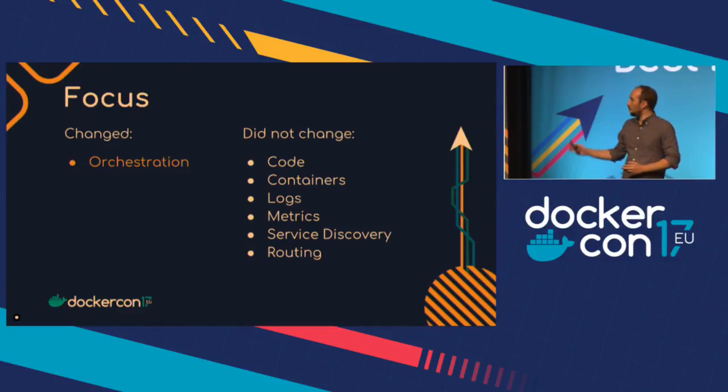So our goal was to change orchestration without touching a single line of code, without changing how the code is built into containers, how we do logging, how we do metrics, how we do service discovery, and how we route requests to those containers. That was our goal. Everything else should be the same, so we can be confident that the change we make in the orchestration is good.